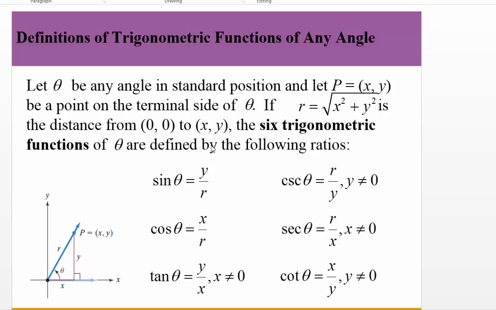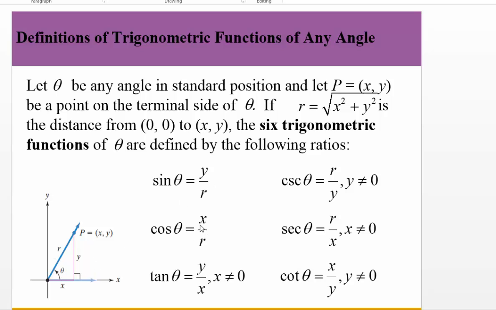We're going to define the 6 trigonometric functions of theta by the following ratios. So the sine of theta is going to equal y over r. And if you think about the last video, we said sine was opposite over hypotenuse. So this might even kind of follow those guidelines.